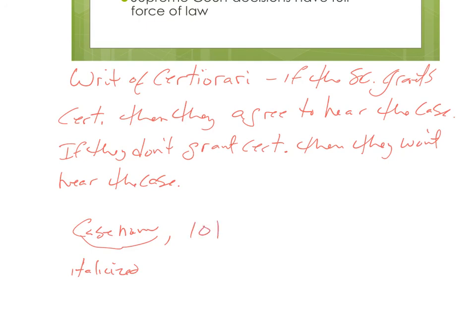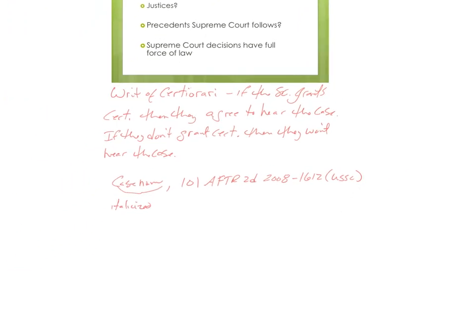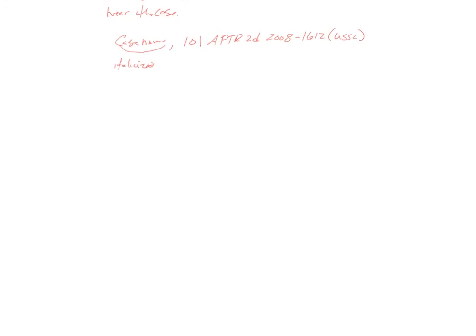Then you're going to have a volume number, then a federal tax reporter, then a decision year and a starting page number. And then for the Supreme Court, you're going to see United States Supreme Court. Okay?